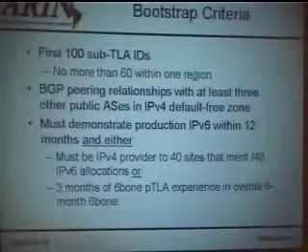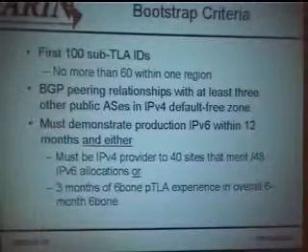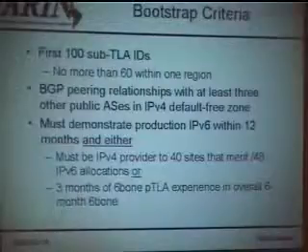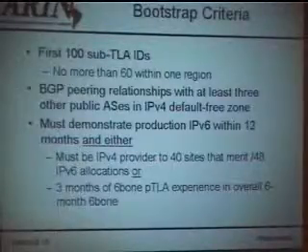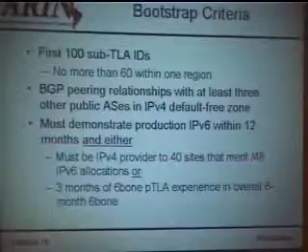One of the first criteria that the document addressed was that the IPv4 network of the requesting organization must have BGP peering relationships with 3 other public ASs in the IPv4 infrastructure.